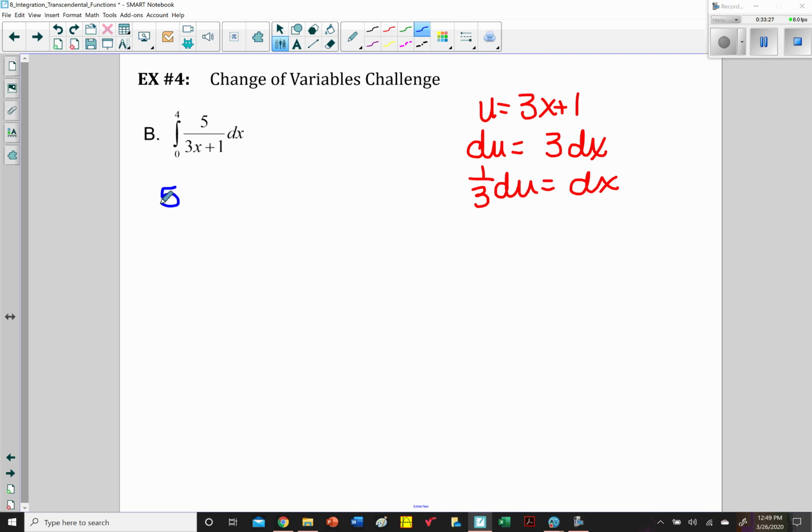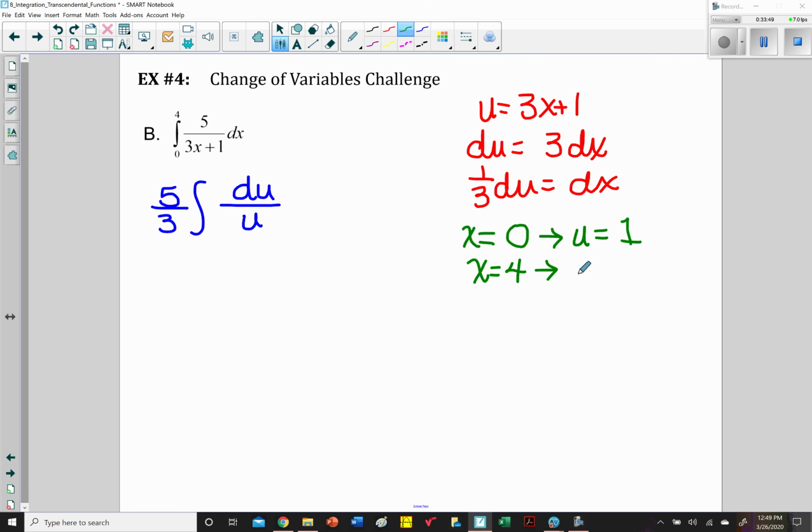We'll put 5/3 here. And we've got a u on the bottom and a du on the top. But we need to change our bounds. So when x is 0, u is 1. And when x is 4, u is 13. So we're going from 1 to 13.